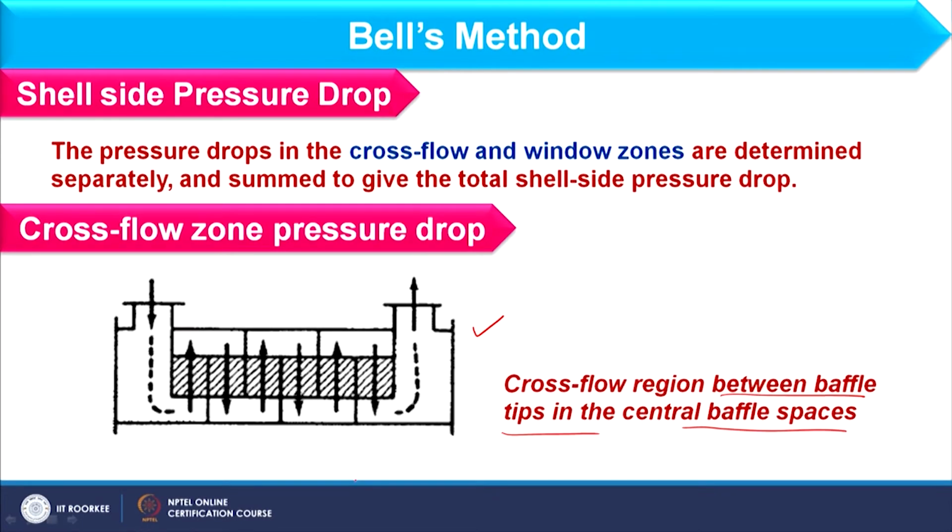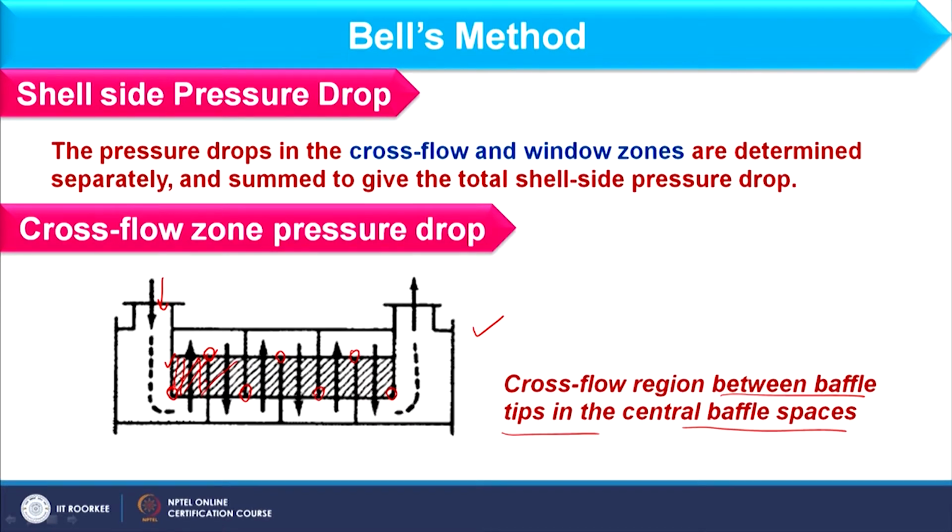When the fluid is entering into the shell from this side, it moves between two baffle tips like this. One tip is this, the second tip is this, and similarly we have other tips. Between two consecutive tips, whatever space is there is also shown over here through shading.